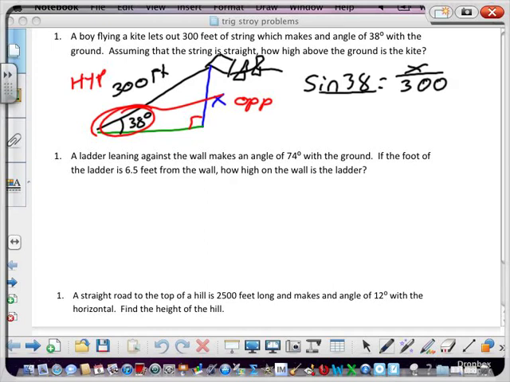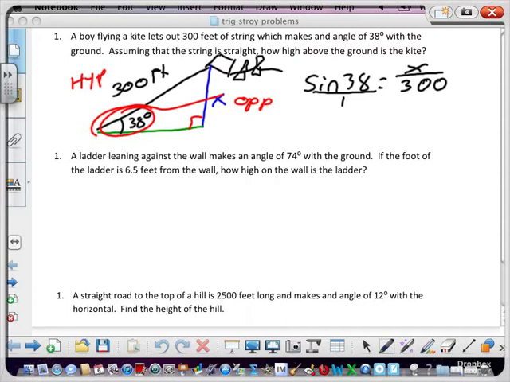Okay, I'm going to do this one as if you had your trigonometric ratios worksheet in front of you. So sine of 38, I'm looking for 38, and then I go over to sine, that's 0.6157.